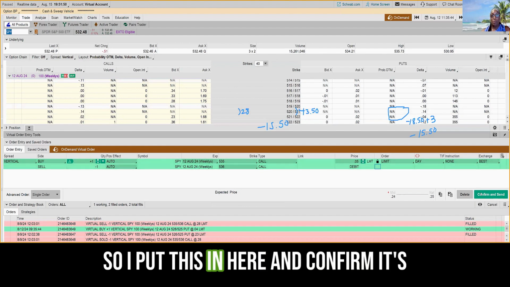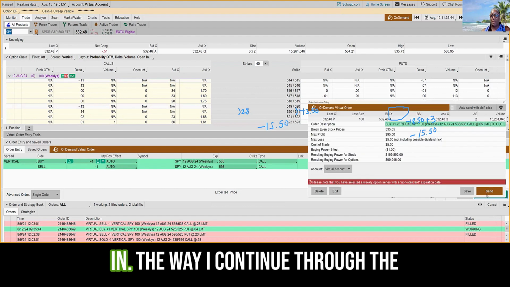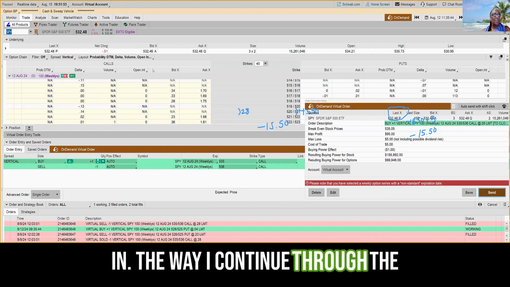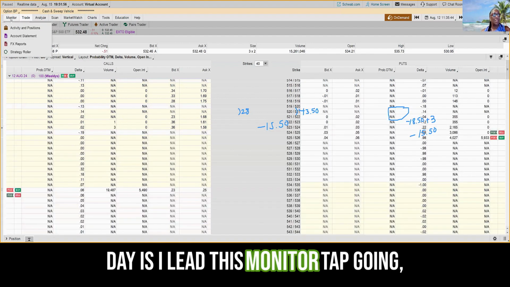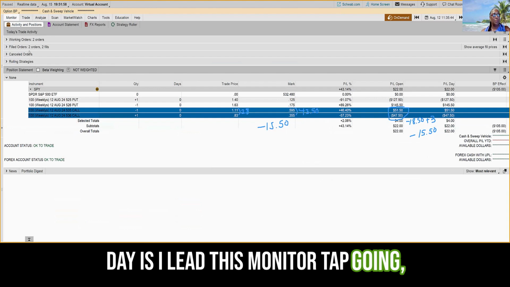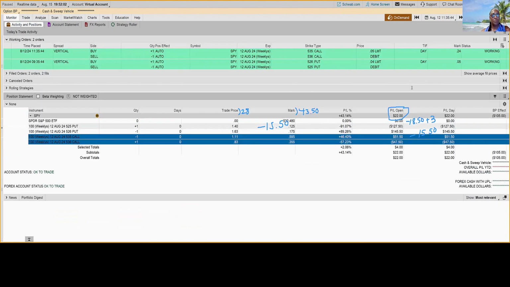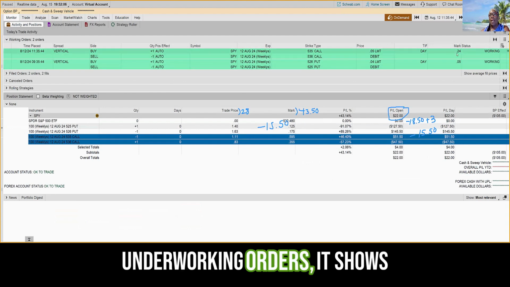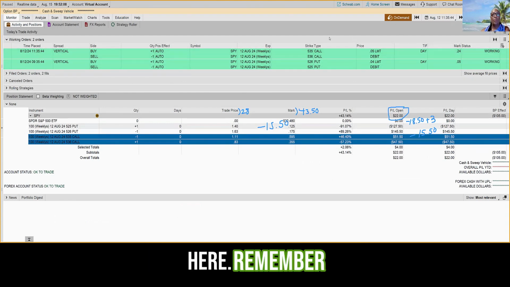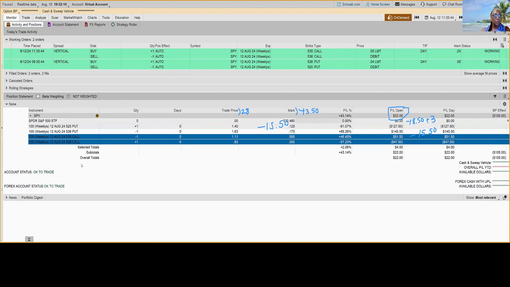So I put this in here and confirm and send. The way I continue through the day is I leave this monitor tab going, which is where we are under working orders. Under working orders, it shows here.